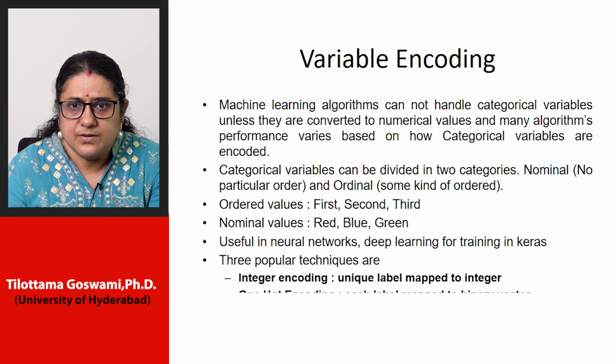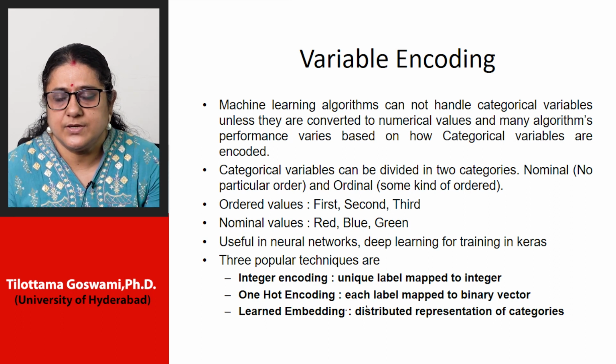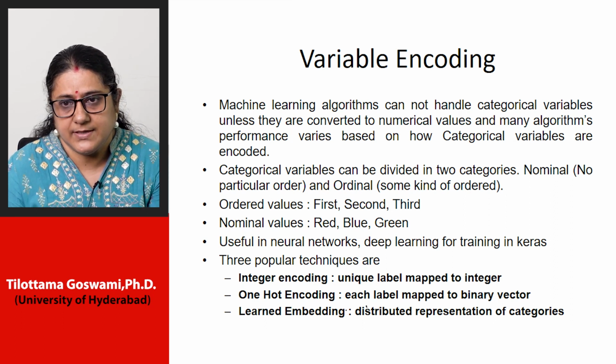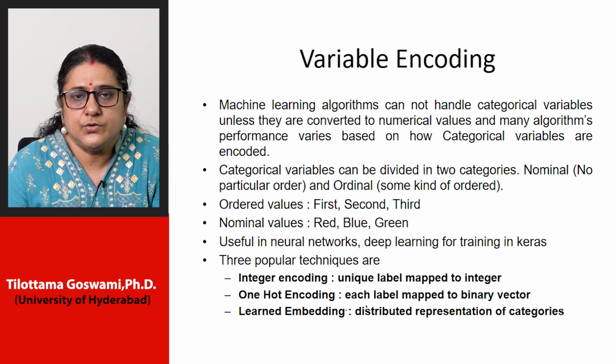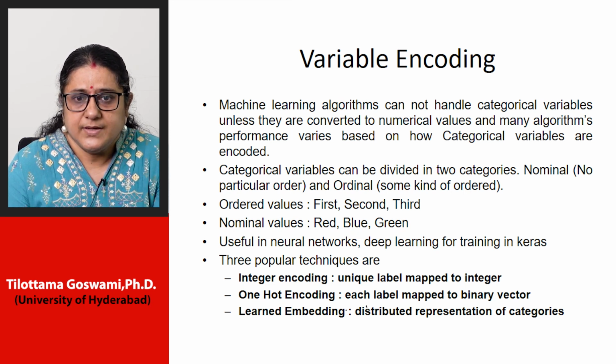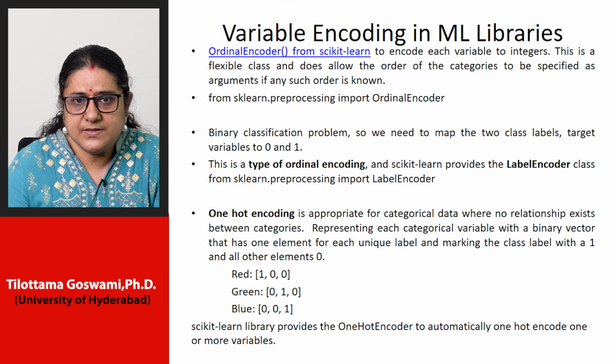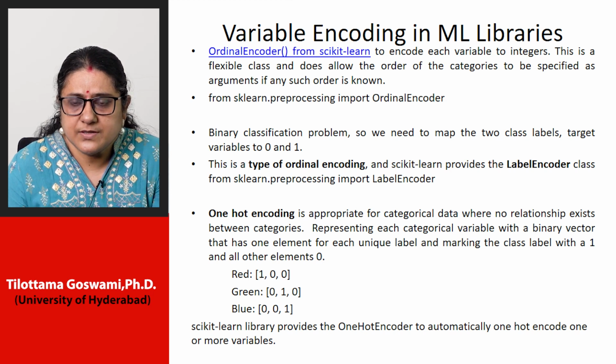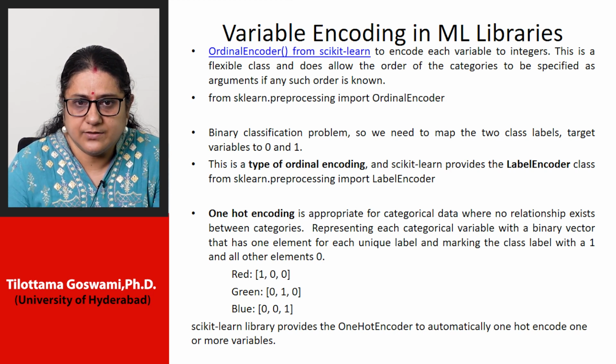Variable encoding: most of the time machine learning algorithms cannot handle categorical variables unless they are converted to numerical values. The categorical variables can be identified and divided into two categories, nominal and ordinal. The three popular techniques are integer encoding, one-hot encoding, and learned embedding. The scikit-learn libraries used are the ordinal encoder, and it also provides the label encoder.